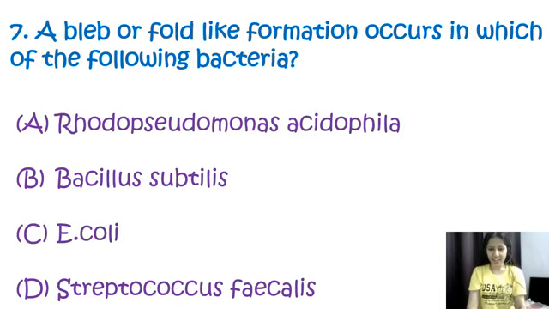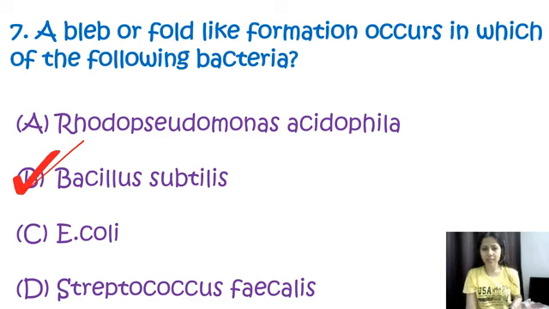So question number 7. A bleb or fold-like formation occurs in which of the following bacteria? So options are Pseudomonas acidophila, Bacillus subtilis, E. coli, or Streptococcus faecalis. So over here my correct option is B, that is Bacillus subtilis.